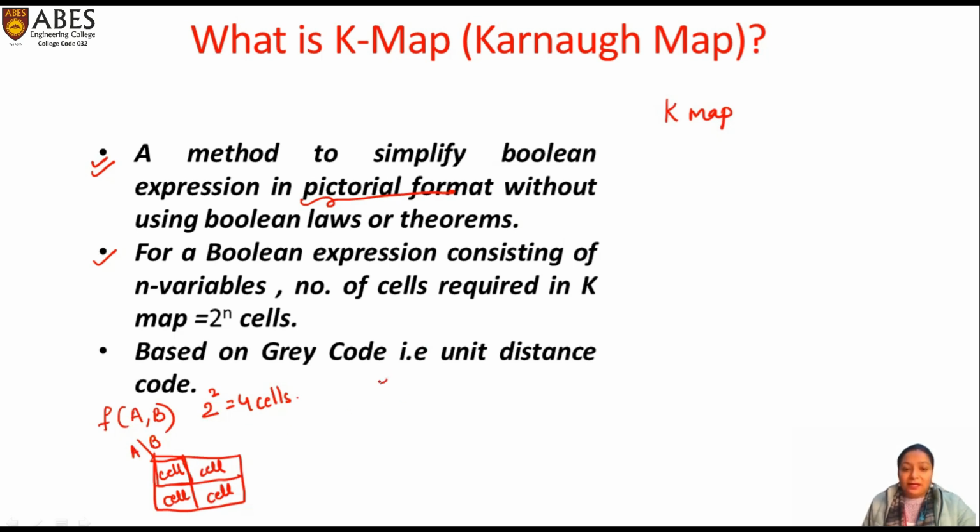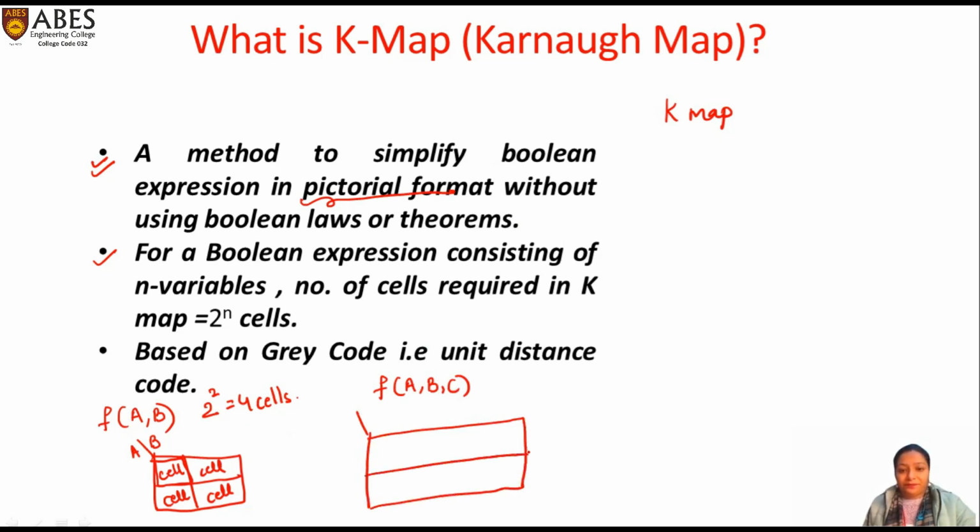Similarly, if we have a Boolean expression having 3 variables, how will we create a 3 variable K-map? A 3 variable K-map will be 2 raised to the power 3, having 8 cells. So here we have our 8 cells. Here we can write the first variable and here the other 2 variables.